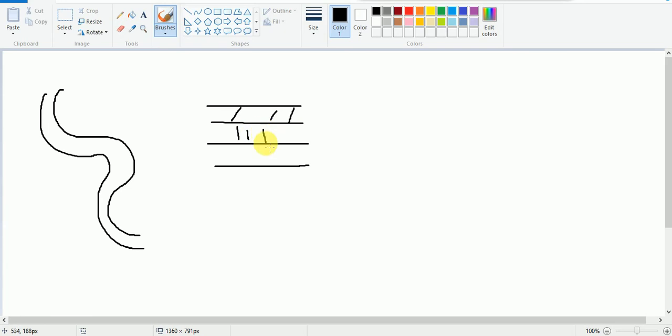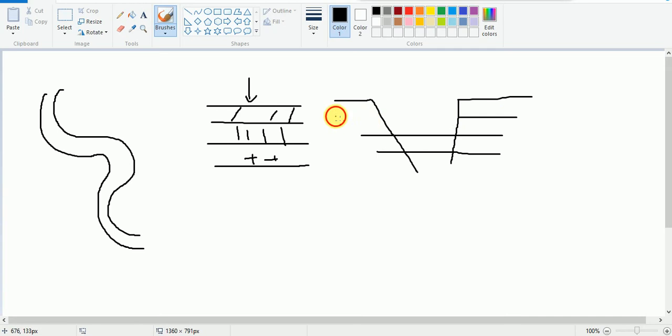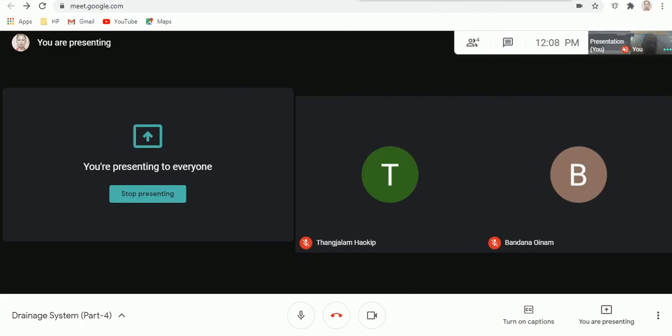This is one formation and this is another formation, and due to the internal movement of the earth, this area may subside downwards, like this. Here this is the first layer or the first formation, and the first formation comes here. In this way, a long narrow valley is formed by the faulting process, and this is known as a Rift Valley. The Narmada and Tapti are flowing in the Rift Valley.